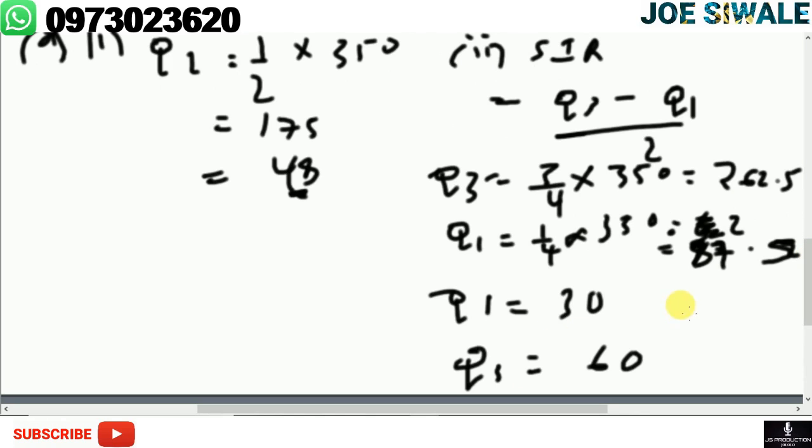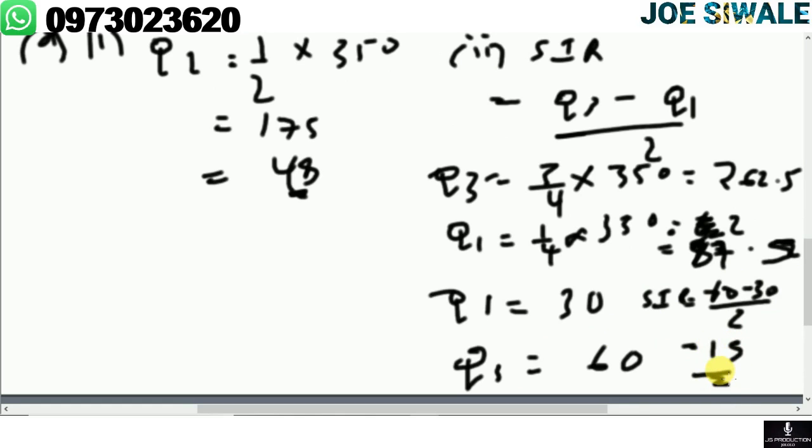So our Q3, that's 60 minus 30 divided by 2 there. 60 minus 30, that's 30. Then divide by 2. 30 divided by 2, that's 15. So that means our semi-interquartile range is 15. Let us look at the other question.